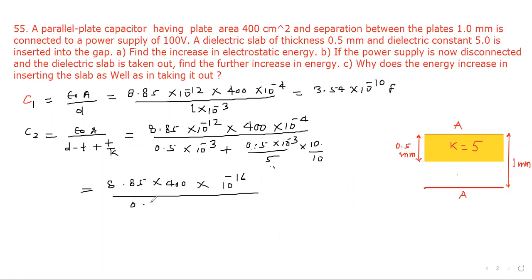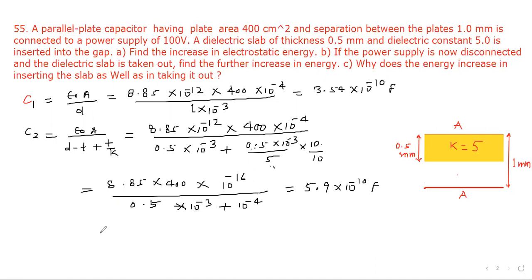So 0.5 into 10 to the power minus 3 plus 10 to the power minus 4. Now further we simplify it. So on simplification, we will get 5.9 into 10 to the power minus 10 farad.